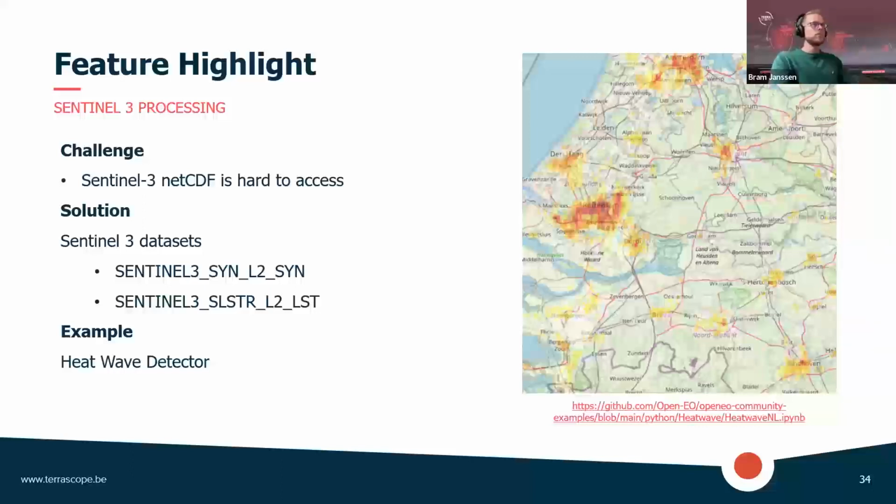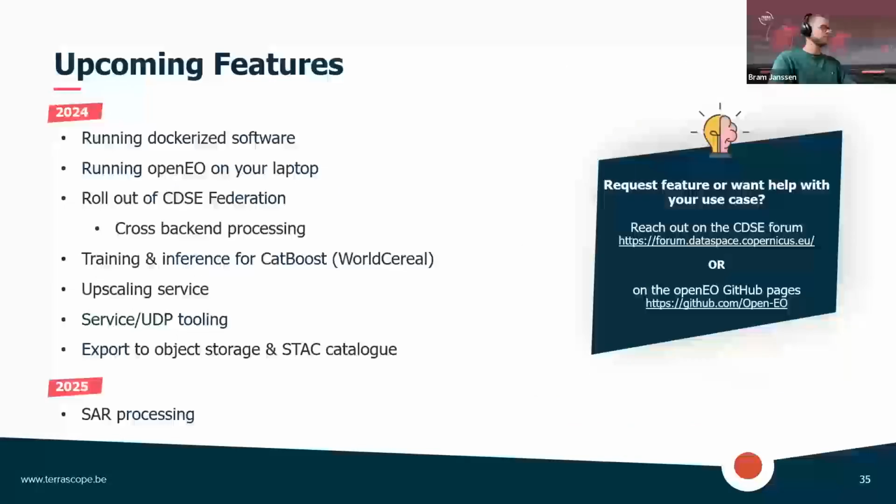And one of the use cases that we implemented with these datasets is the heat wave detection. Again, it's available as a community example. So if you want to know how it works, how you can do this in openEO, you can access or get more information through these community examples.